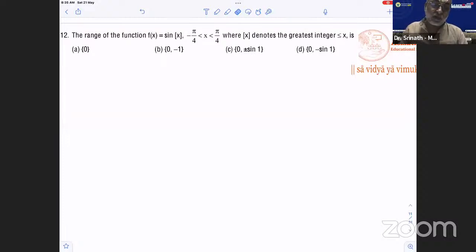So we are talking about the range: what are the values that the function can assume or attain? Let me take it like this. If you take -π/4 to +π/4, there is a 0 in between. These are the values that x can take.